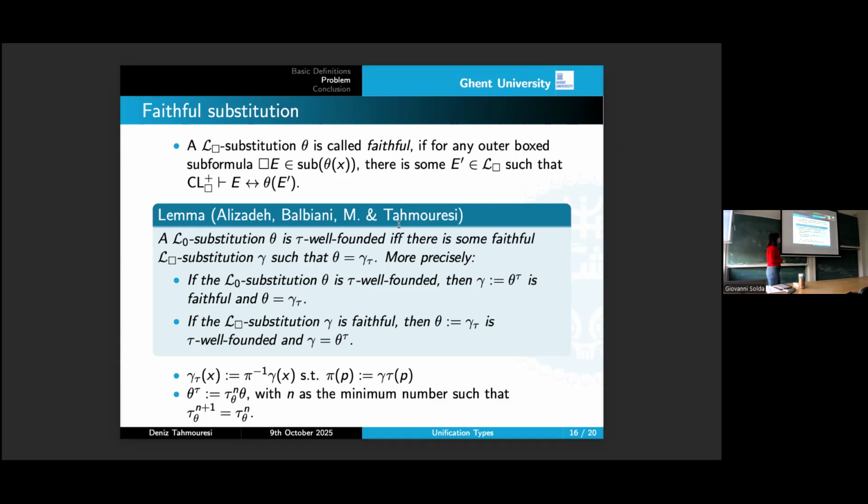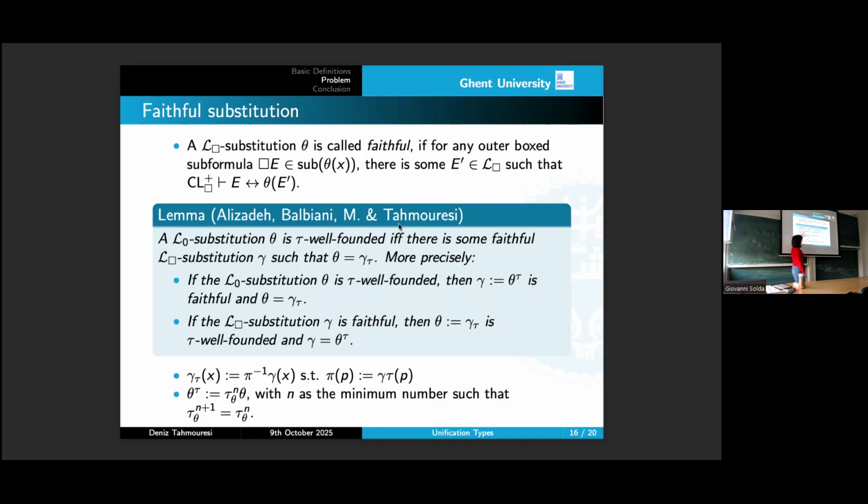And then we can relate these results together: the tau well-foundedness that we have in classical logic with the faithfulness that we have in the L box and CL box plus.